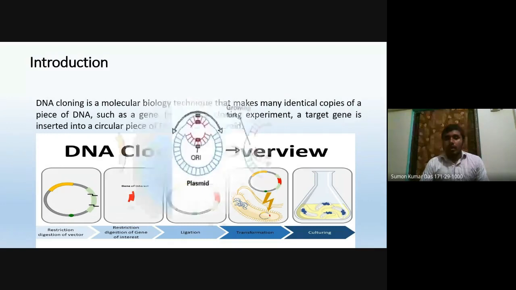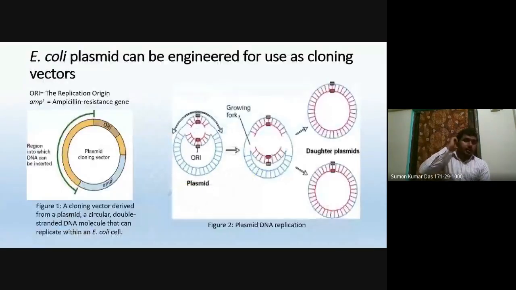Now, in my next slide, I try to present the engineered and applied area and the applied process, how we replicate our plasmid and the main parts that are involved in our plasmid cloning vector. In this slide, I try to present three parts.